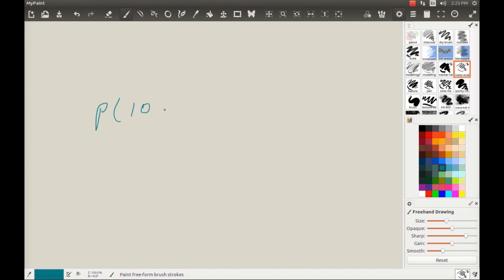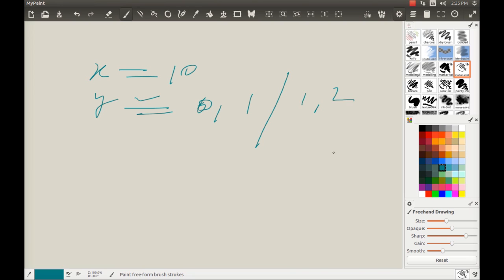So I'll put it: if x happens to be 10,000 rupees, what is the probability of y getting either 0, or 1, or 2? So this is what the question will be.